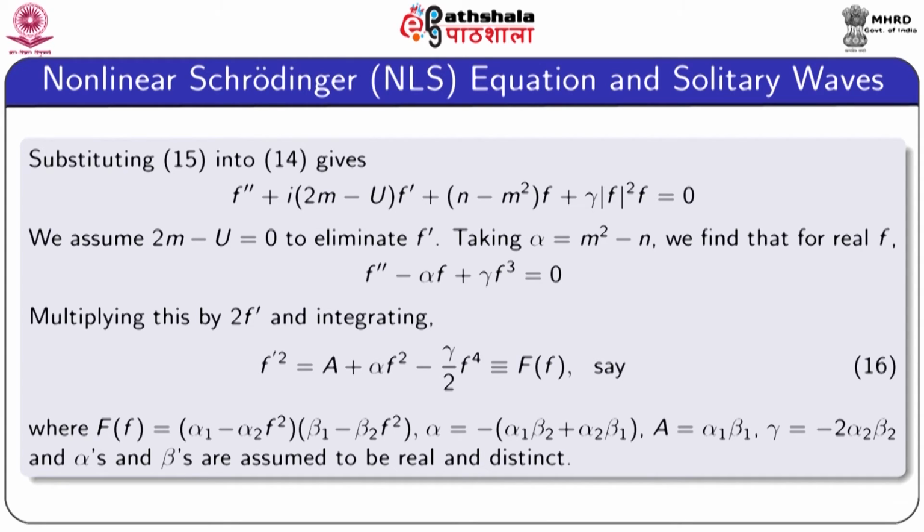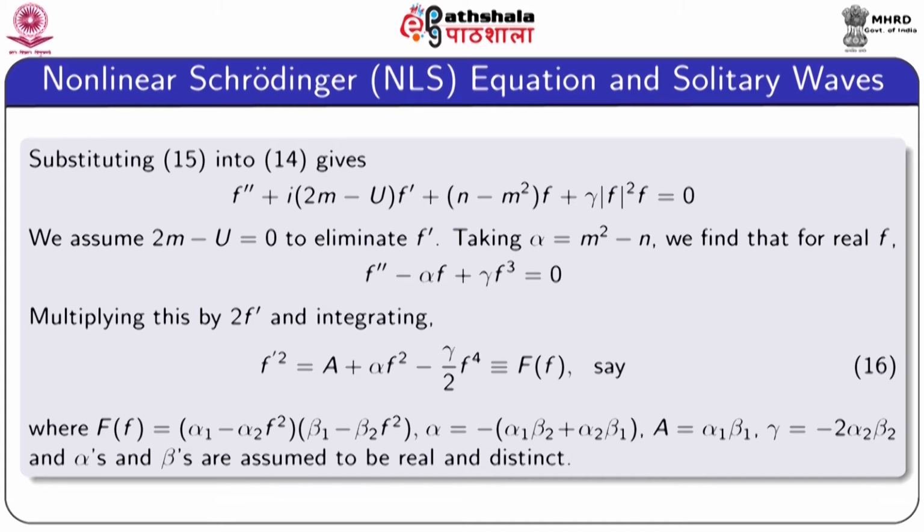So, the above equation reduces to the form f double dash minus alpha f plus gamma f cubed equals 0. Now, we want to integrate that equation, since we want to find the expression for small f. For that purpose we multiply the equation by 2 f dash and then integrate. After integration we get f dash squared equals A plus alpha f squared minus (gamma/2) f to the power 4, where capital A is the integrating constant.